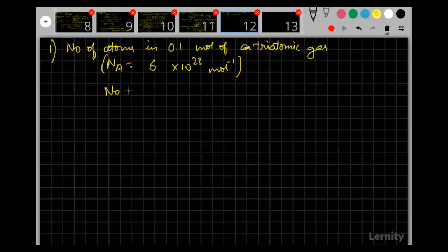See, number of atoms. I have to calculate the number of atoms and they have given me the number of moles. I told you if they have given us number of moles, we have to convert it into number of atoms or molecules. We have to multiply with the factor of Na, that is Avogadro's number, with the number of moles.